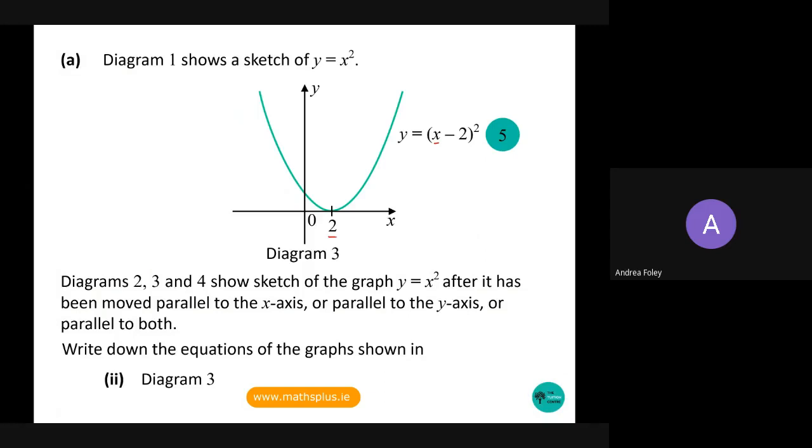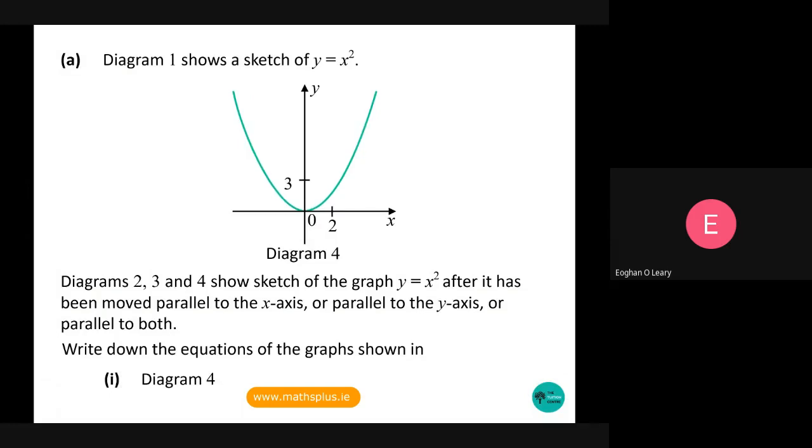So if you had y equals x squared minus 4x plus 4, all of those would get you full credit, and the partial credit is for identifying that -2. Yes, as Andrew said, y equals x squared minus 4x plus 4 would get you the 5 marks.